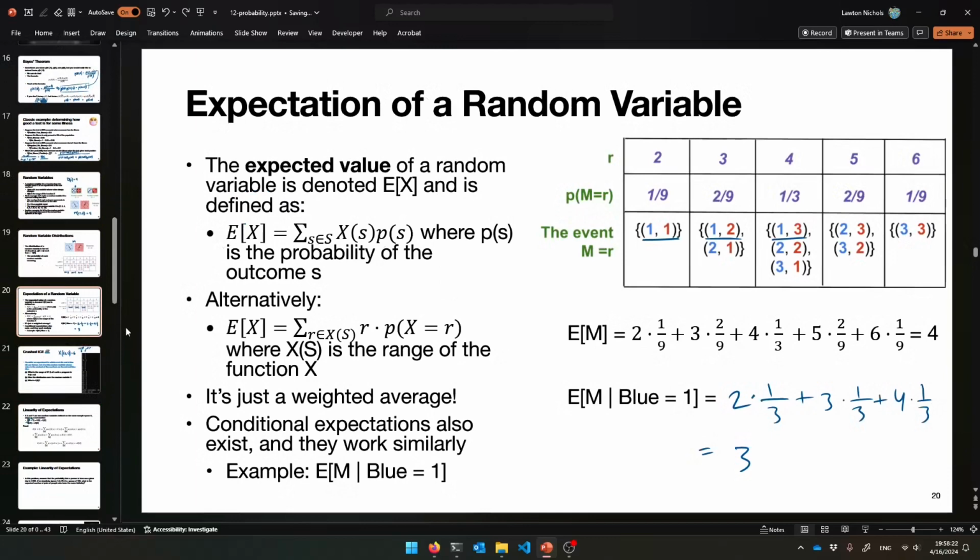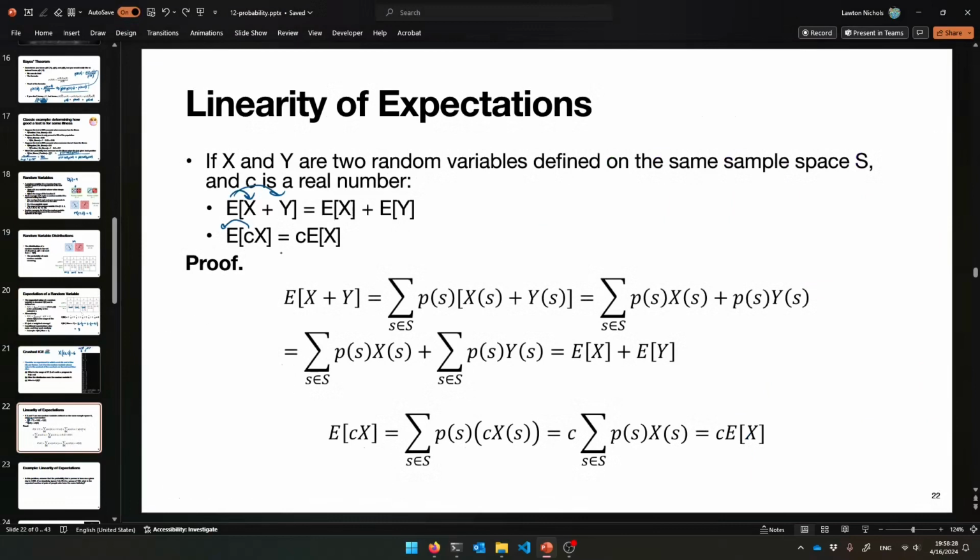So we'll do it this way because it breaks down easier. We'll use this kind of equation. The expected value of x plus y, just unraveling the definition, is: for every outcome in the sample space, what does x give back for it, plus what does y give back for it? That's the value it takes on for that outcome, times the probability of that outcome.